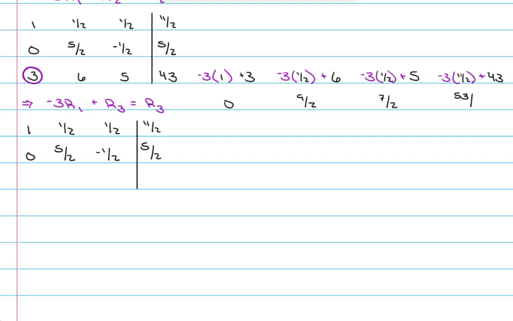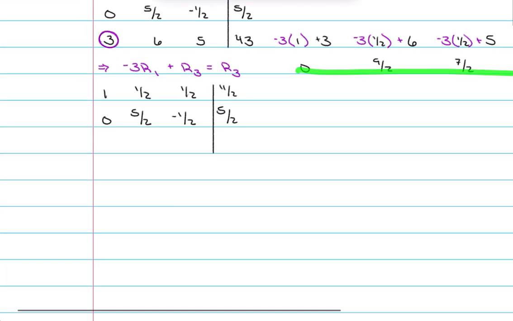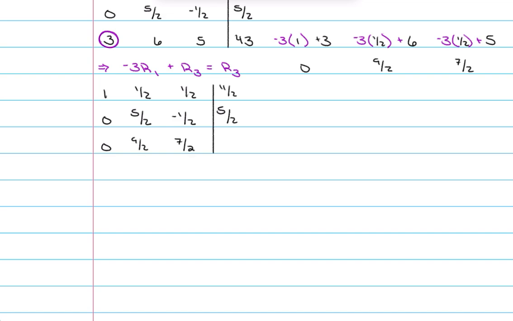So this is my new row 3. Okay, so I'm just going to copy that. I have a 0, 9 halves, 7 halves, and 53 halves. Okay, and then we are done with our first column. Okay, we have 1, 0, 0.